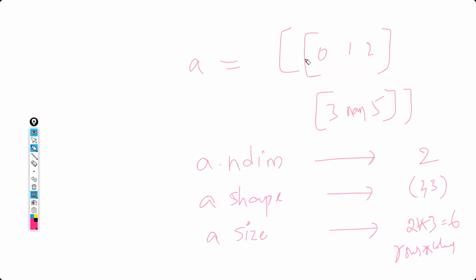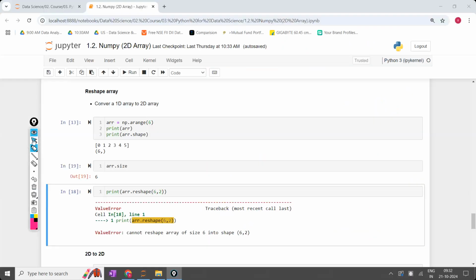Though a missing value or a string is there, it will not observe that. Size is simply the number of rows into the number of columns. Is the point clear? For 1D, the size and length are the same; there is no difference.